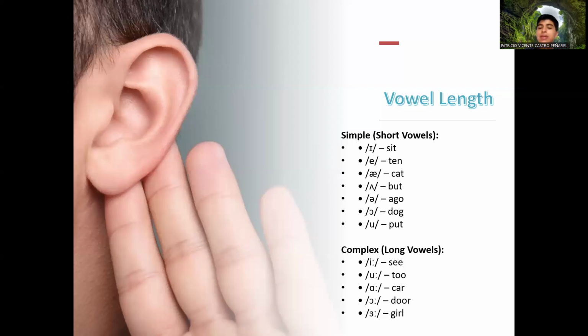The next one is car. You have to open your mouth, and your tongue is going to be back. So remember, mouth open, tongue back. Car. And the sound is a little bit longer.